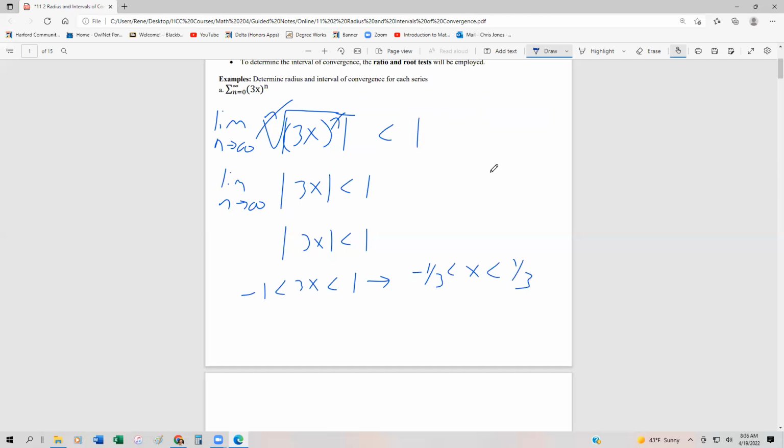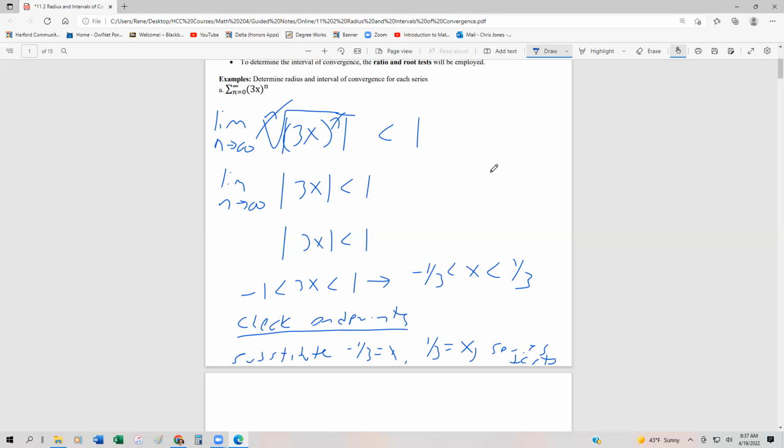Now, we also have to check the endpoints. We want to determine what happens at the endpoints for each of these. What that means is we're going to substitute minus 1/3 for x and positive 1/3 for x, and we're going to do two series tests.